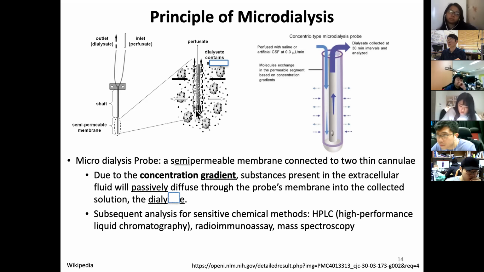Exactly, yes. Because of the differences in concentration gradient of this analyte, the substance present in extracellular fluid, we are talking about a very, very slow process to not disturb the physiology. So it's passive diffusion through the probe's membrane into the collected solution. And the collected solution is called dialysate.